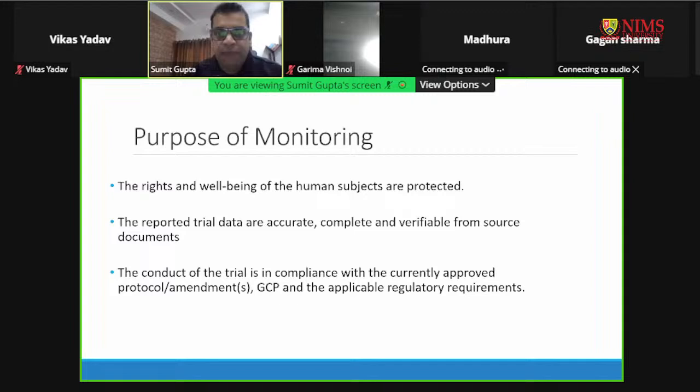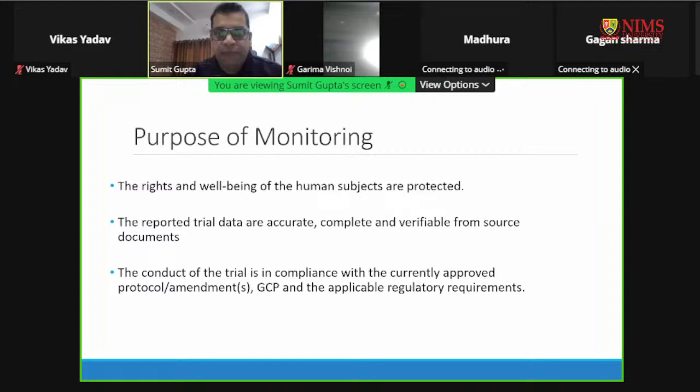Now moving to central monitoring, we talked about remote monitoring. So central monitoring is also a remote evaluation of the data. It is performed in a timely manner as per the agreement with the sponsor, and we have central monitors who are appropriately qualified and trained people to do this kind of monitoring.